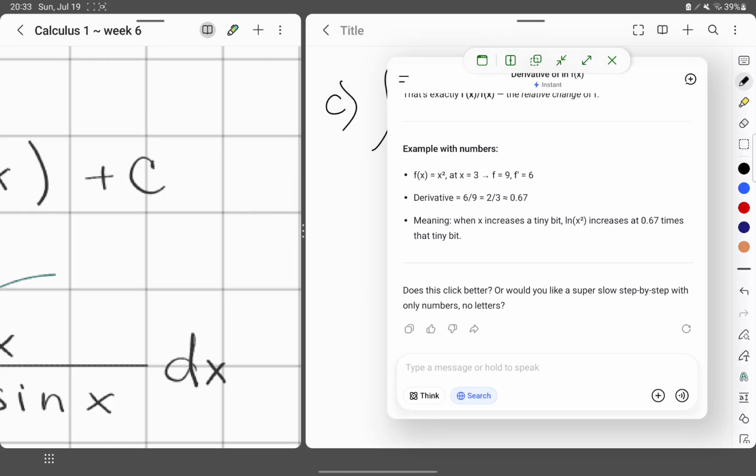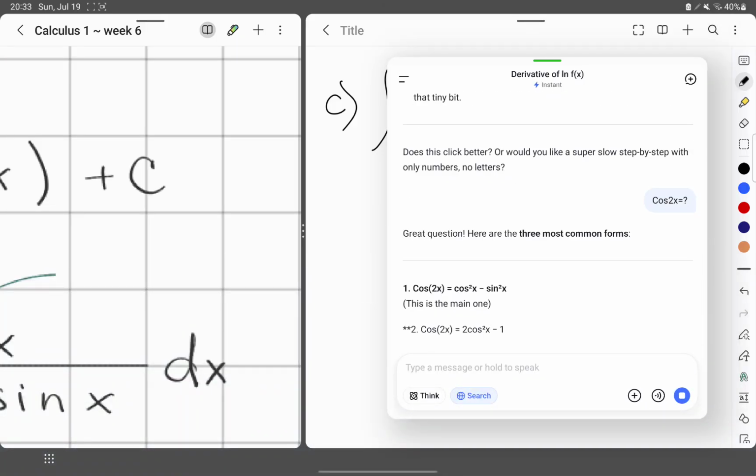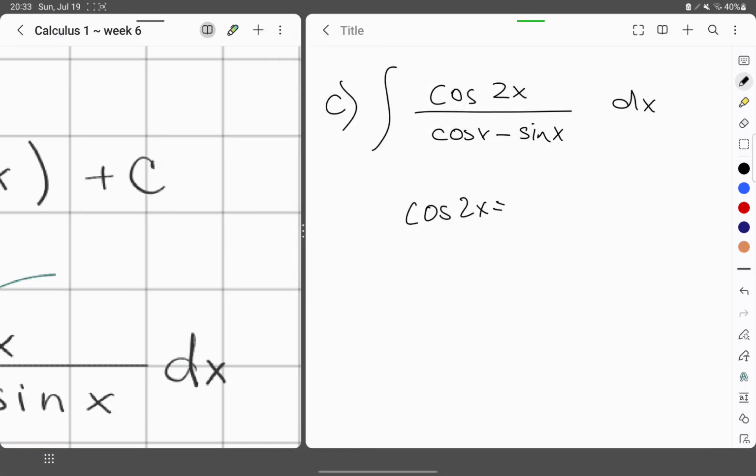Let's remember this again. Cosine 2x equals to what? Cosine square x minus sine square x. Yes, that's what it is.